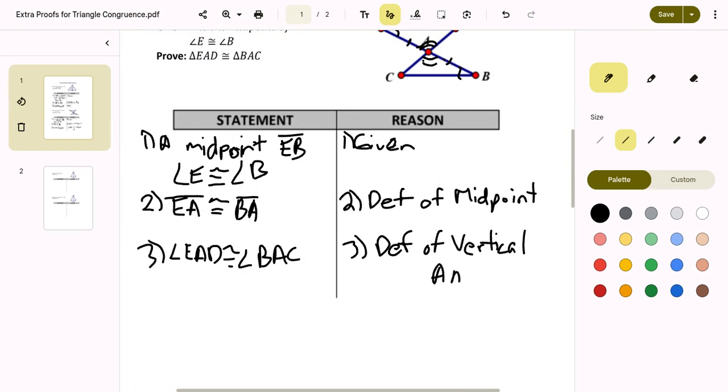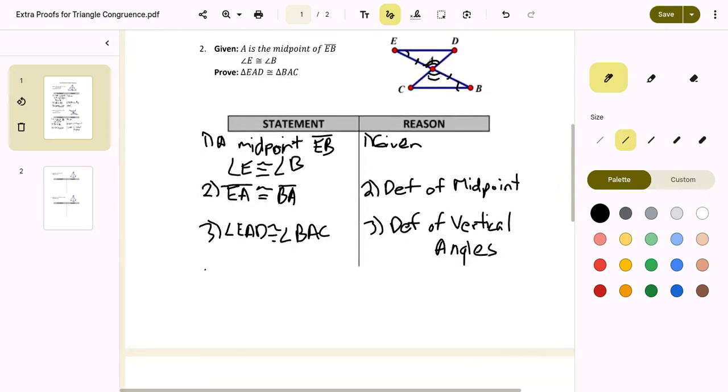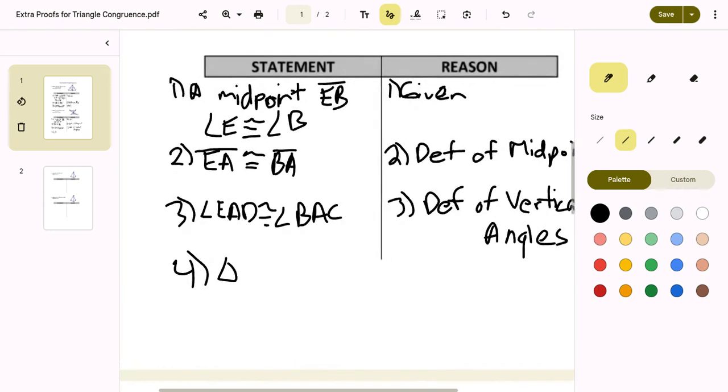Now from there, we have our three pieces of information. So now we can do our triangles are congruent. So we can do that triangle EAD is congruent to triangle BAC.